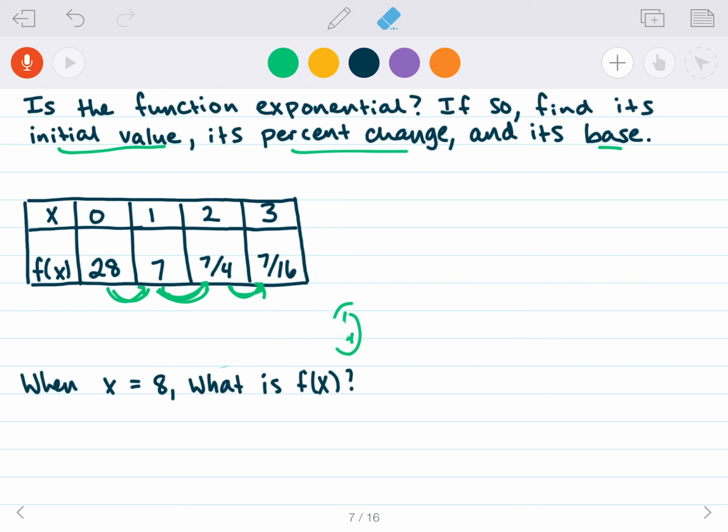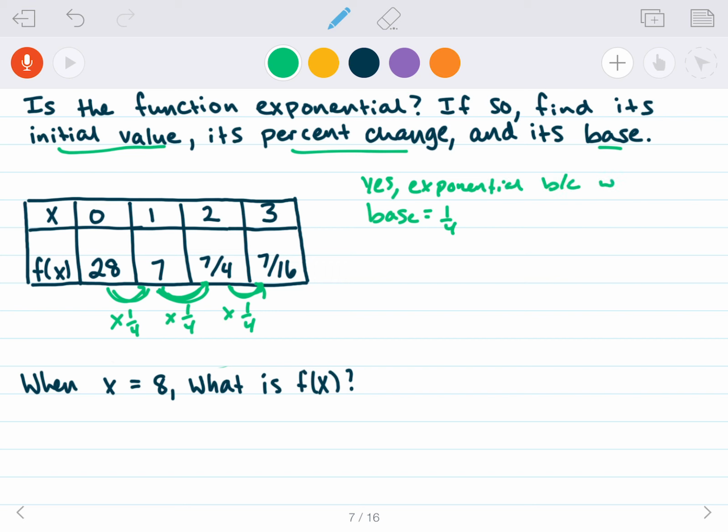Now, right off the bat, we can see this is exponential decay because 1 over 4 is smaller than 1. So my b is my base. My base is going to be the constant multiplier, which is 1 over 4. So yes, it's exponential because we have a constant multiplier.